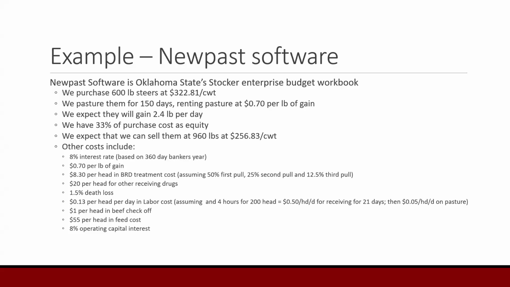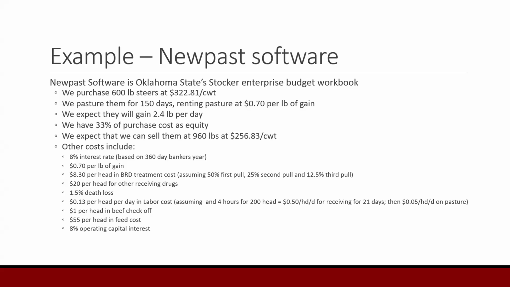Okay? All right. So for this scenario, we're purchasing a 600-pound steer at $322.81 per hundredweight. We're going to put them on pasture for 150 days. We are renting that pasture for 70 cents per pound of gain. Pretty typical for a wheat pasture lease agreement.